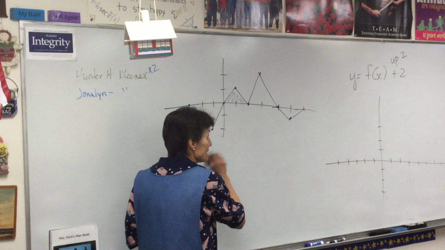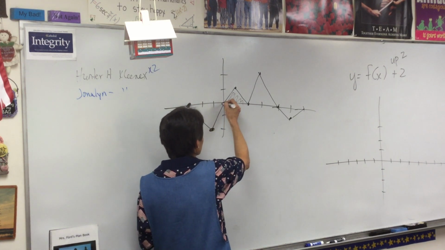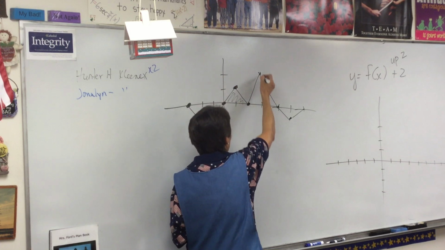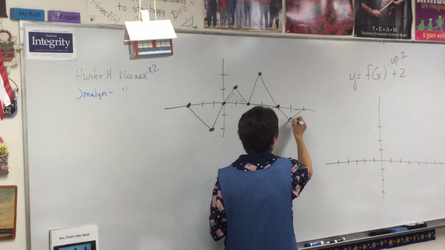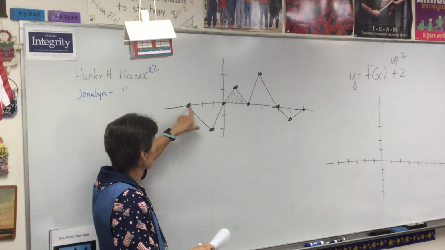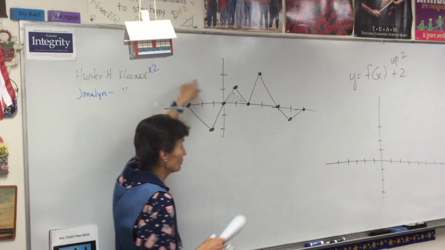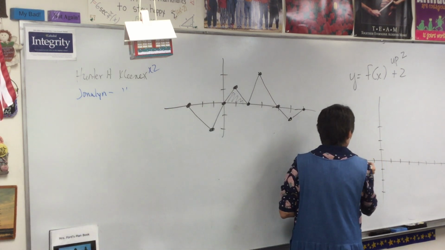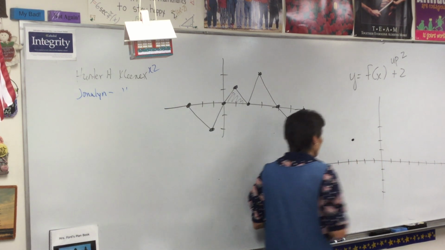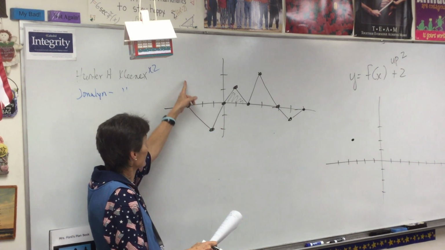So that means that every one of these points is going up 2. So if it is currently at 0, it's going to go up to 2. So -3, 2. There's my first point. It's over here at -3, 0, but it's got to go up 2.